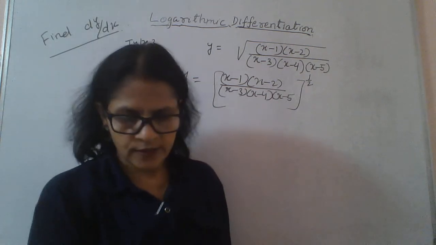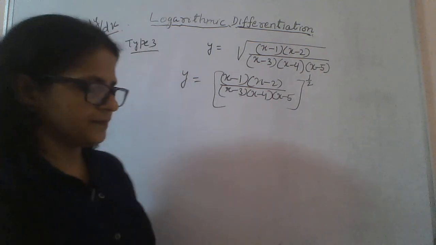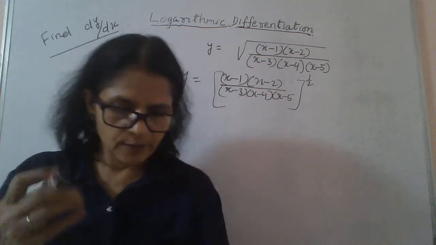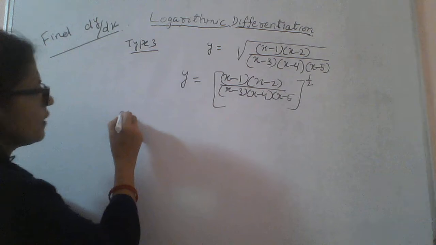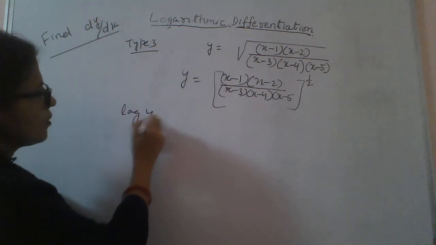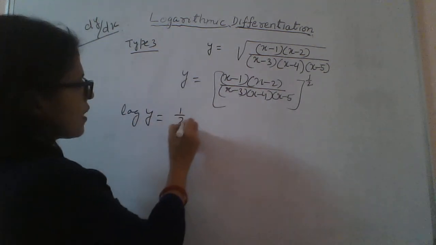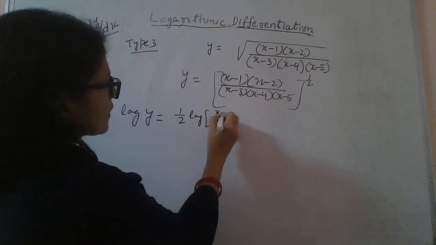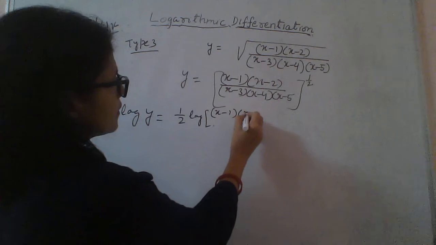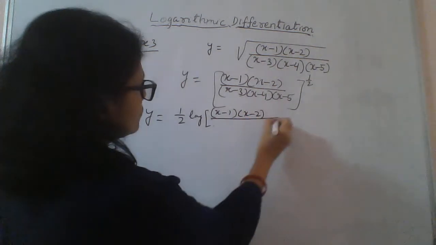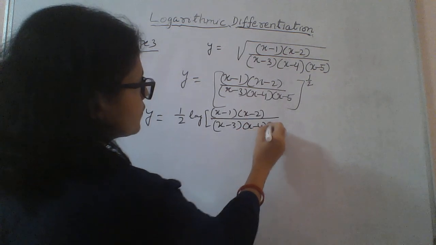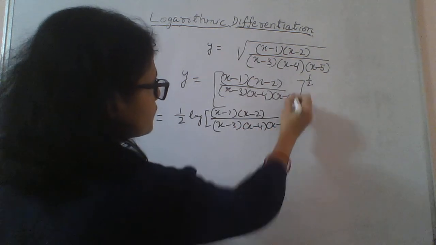Then next we can take logarithm of both sides. So taking logarithm of both sides, we can have log y equal to half of log of this, x minus 1, x minus 2, x minus 3, x minus 4, x minus 5.